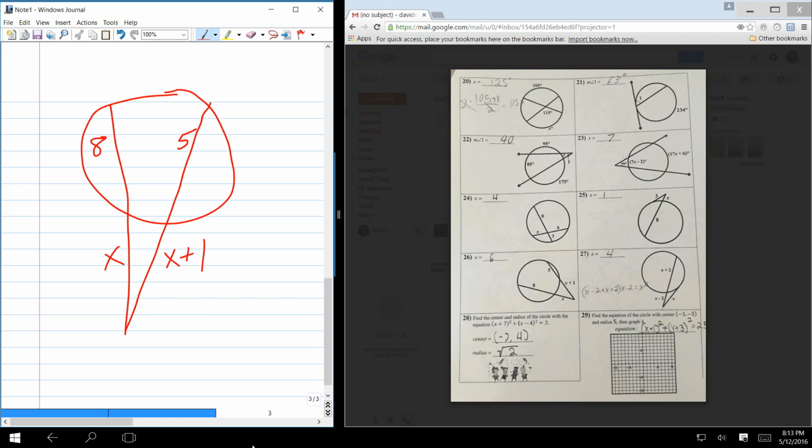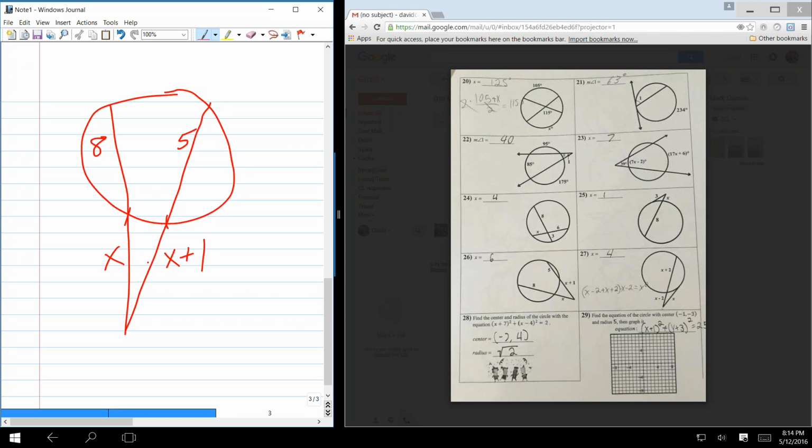Now, here again, there's no angles. This is all about segment lengths. If we wanted to solve for that angle, we know it's 1/2 of this arc minus this arc, right? So that formula is still valid, but it doesn't apply here because they didn't give us any angles. So we have to go to our segment lengths.